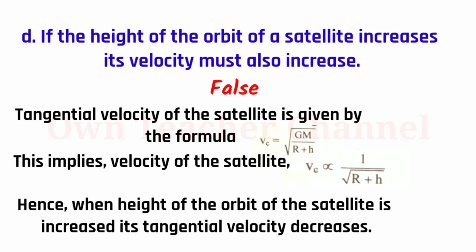This implies the velocity of the satellite is directly proportional to 1/√(R+h). Hence, when the height of the orbit of the satellite is increased, its tangential velocity decreases.